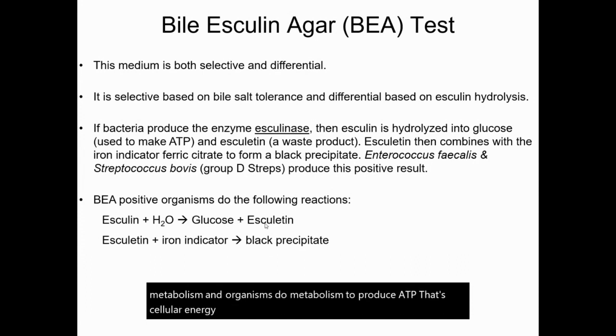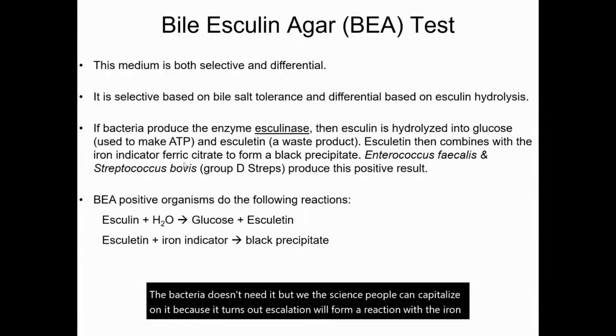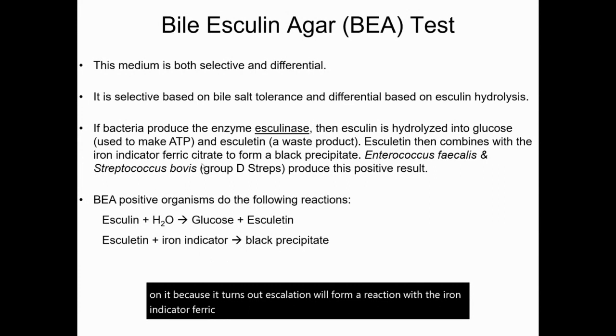But the esculetin here is just a waste product. The bacteria doesn't need it, but we, the science people, can capitalize on it because it turns out esculetin will form a reaction with the iron indicator ferric citrate. And when that reaction happens, a black precipitate forms, okay?